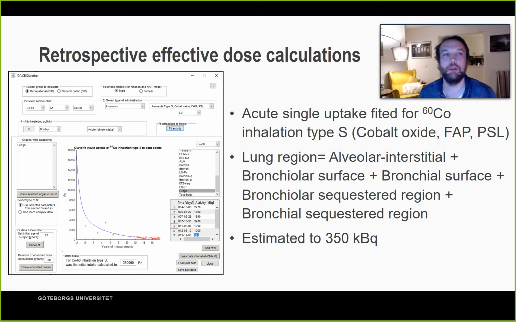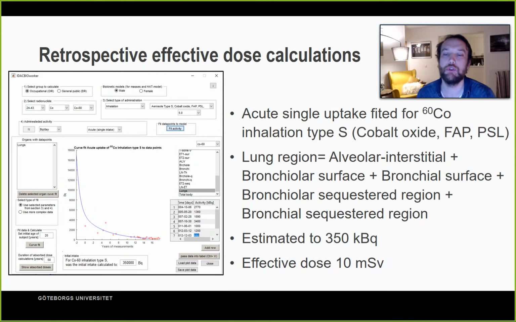So we found that, using this data point, the best estimate would be an acute intake 2 years before, of 350 kilobecquerel. As you see in this fit, we don't have any data point before 0, and the fit assumes a high activity before this. If we had more data points before this, we could see if other solutions are also possible. But looking at the data points, where it fits best on this curve, we get these results, and it also gives an effective dose of 10 millisievert.